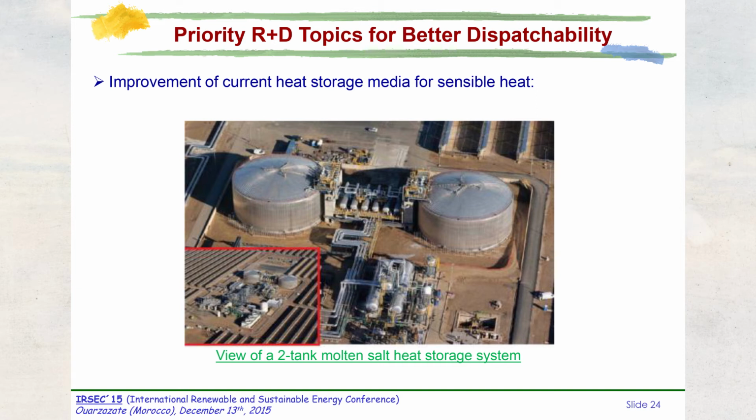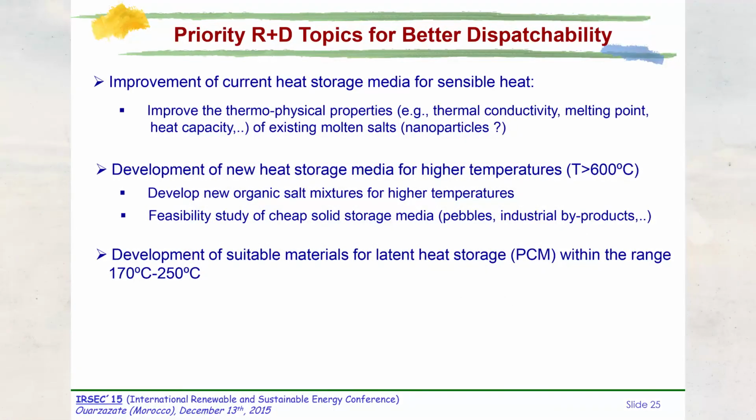I mean, the thermal conductivity is very, very low. The heat capacity is reasonable, but we can improve the thermal conductivity and also the heat capacity using nanoparticles. With nanoparticles, we can double the thermal conductivity of the molten salt.